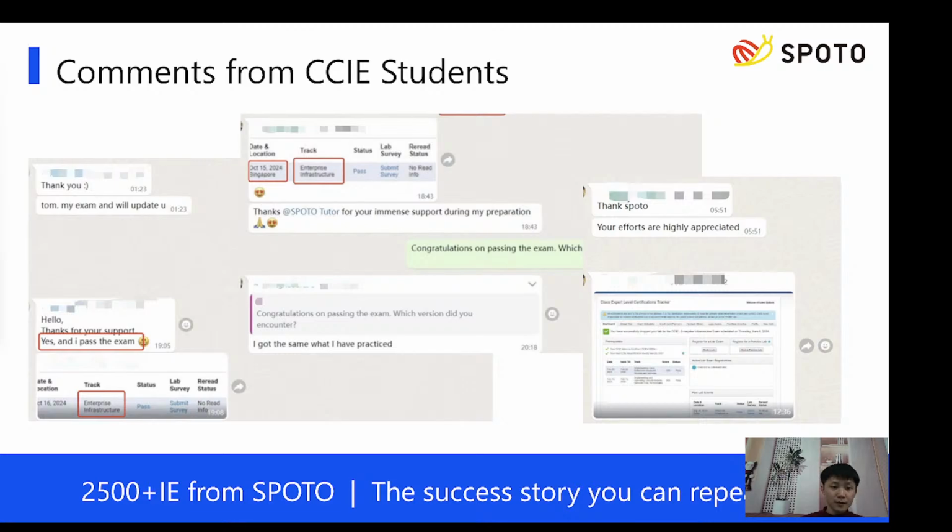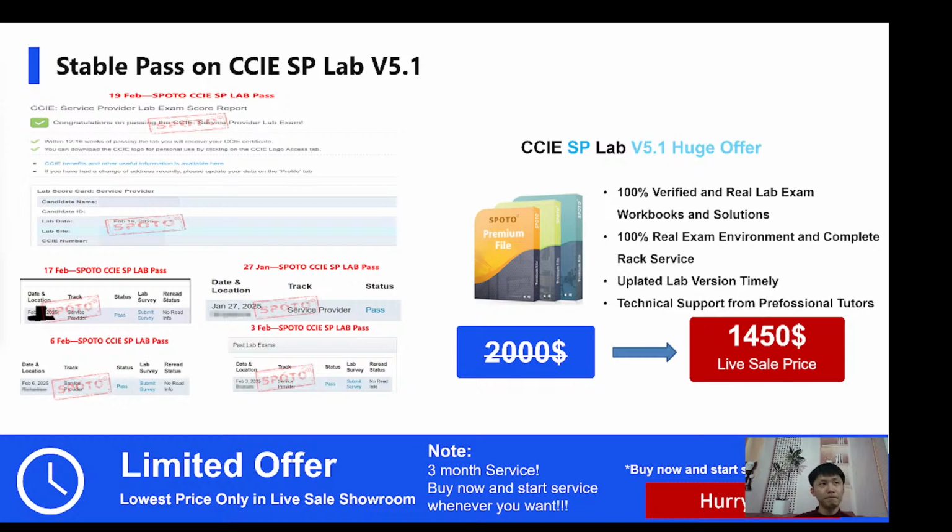These are the feedbacks from the candidates, and our solution is very stable. We use professional service to win the trust of our customers. You can see right here, we have the stable path of CCIE SP Lab version 5.1. The latest version is 5.1.